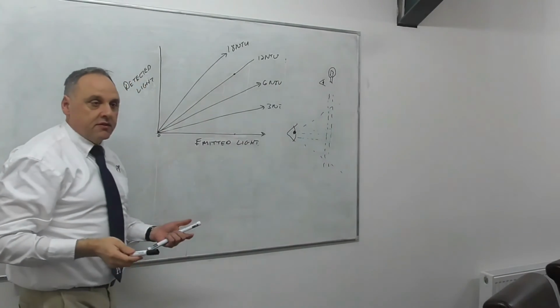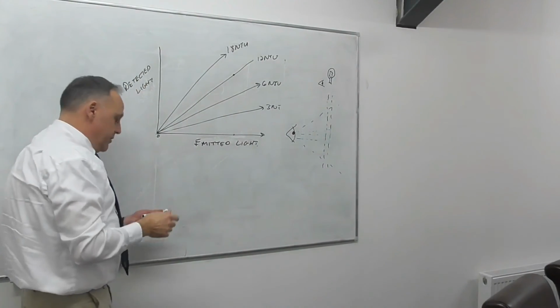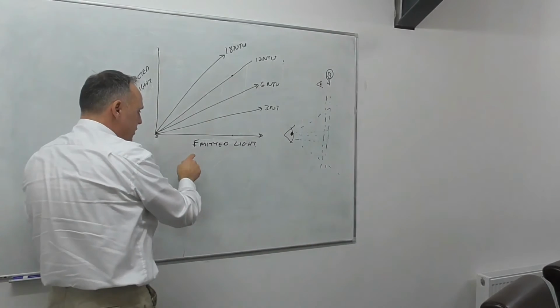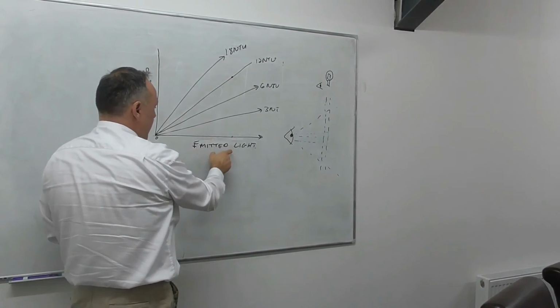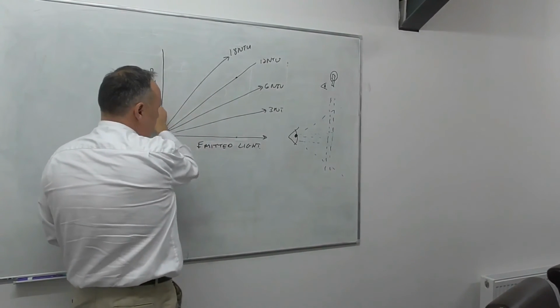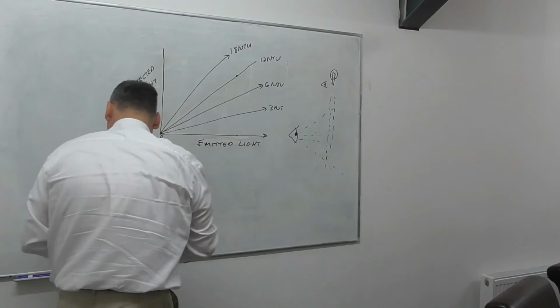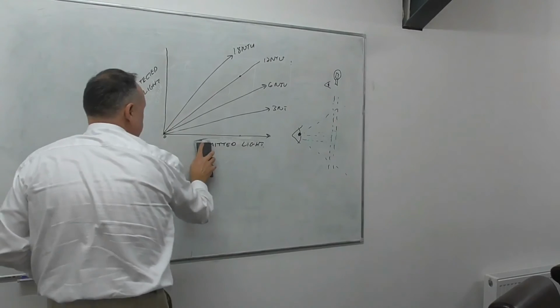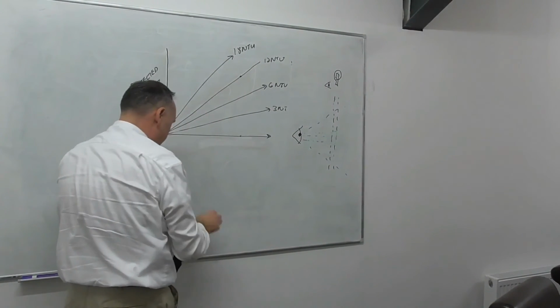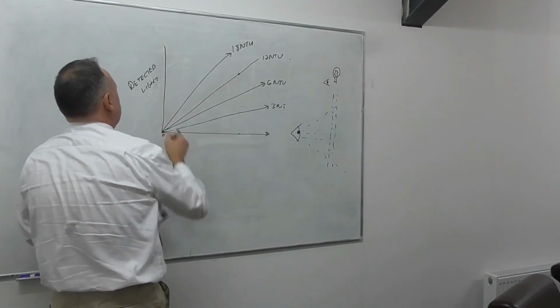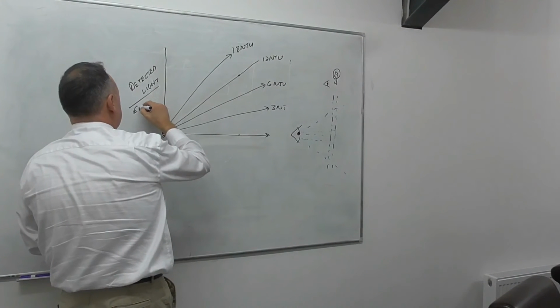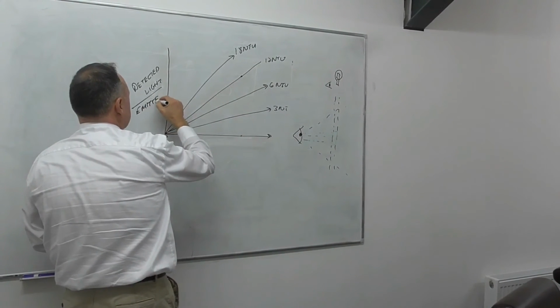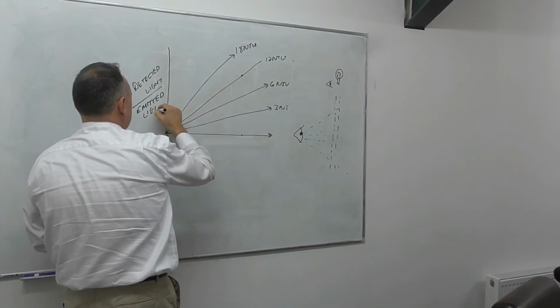Does that make sense? Okay, so now I can be really clever. What I can do is I can take my detected light, divide it by my emitted light. So detected light over emitted light, which is the gradient of those lines.